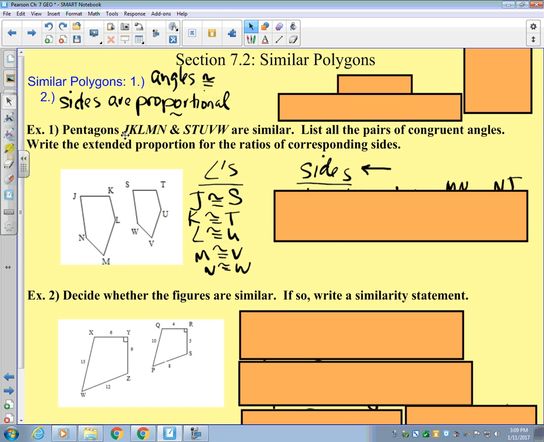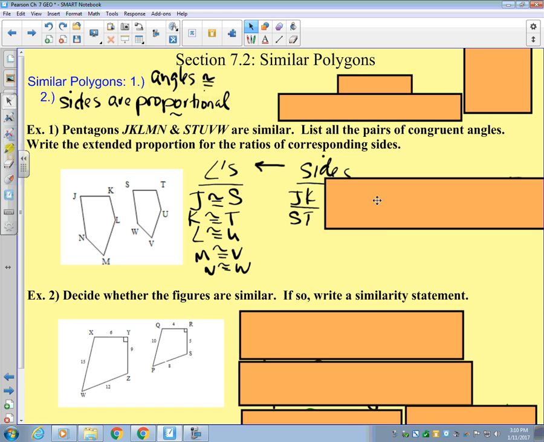And then the sides, you can either look at the figure or you can read the congruent statements to figure out which sides are congruent. JK is going to be congruent to ST. Sorry, JK is proportional to ST, and that should equal KL being proportional to TU.